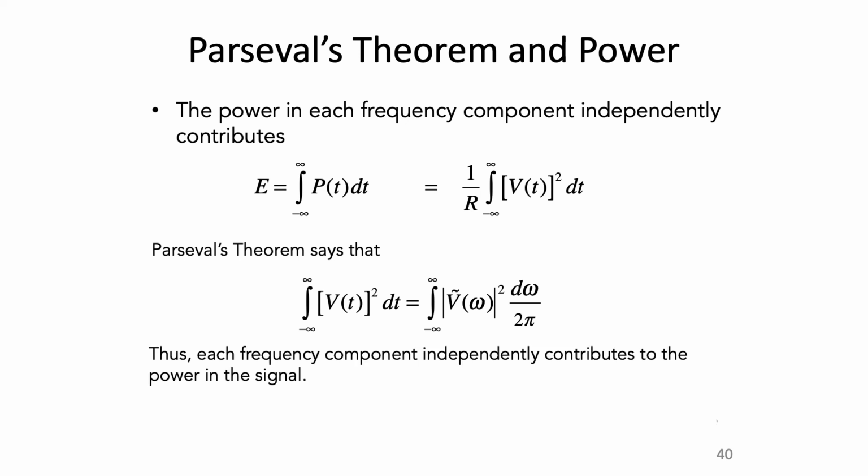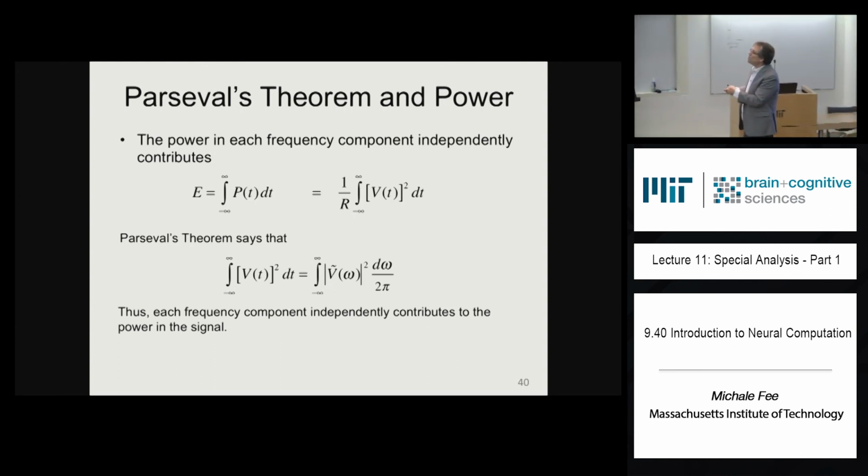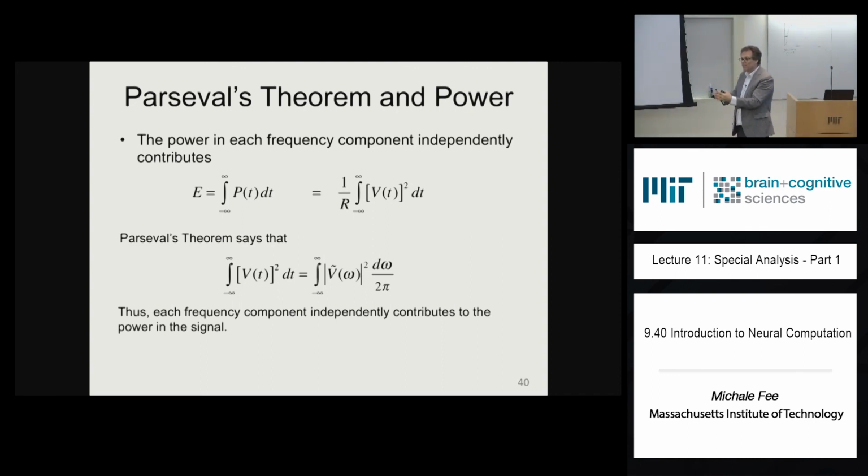So what that's saying is that the total power in the signal, or the total energy in a signal, if you represent it in the time domain, is just the same as the total energy in the signal if you look at it in the frequency domain. Okay? And what that's saying is that the sum of all the squared temporal components is just equal to the sum of all the squared frequency components.